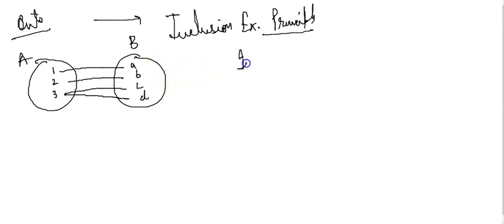So if the number of elements in B is greater than the number of elements in A, that means no onto function is possible in this case. I hope this is clear.